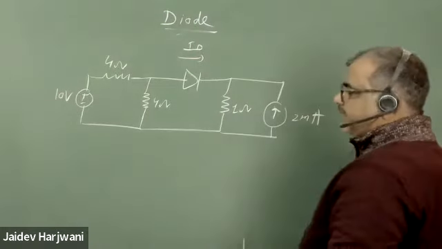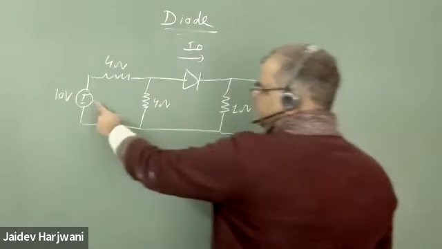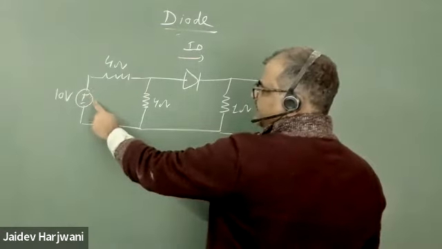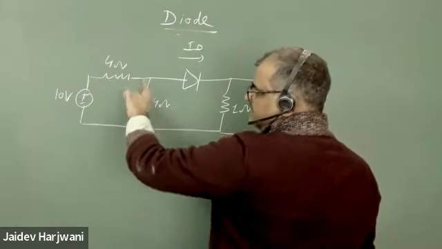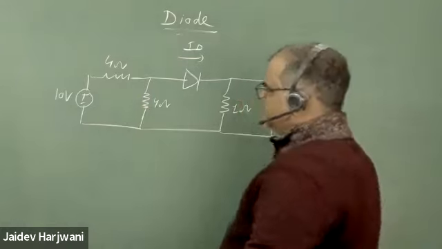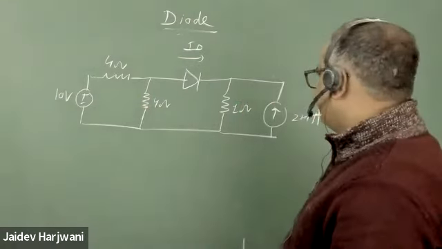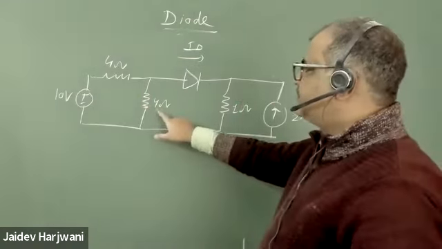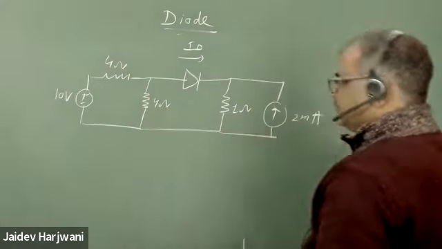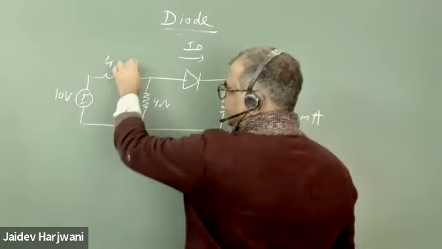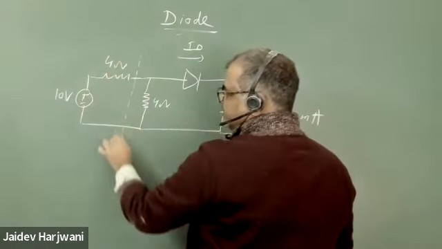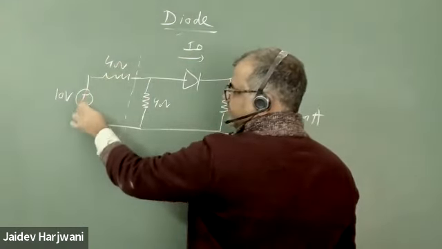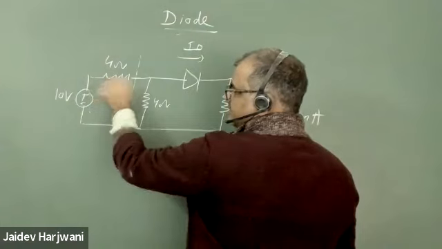What I'm trying, as soon as I see this voltage and resistance in series, and there is a resistance in parallel, I will try to remove this resistance first. So this is equivalent to VThevenin, this is the VThevenin voltage, and this is the RThevenin.